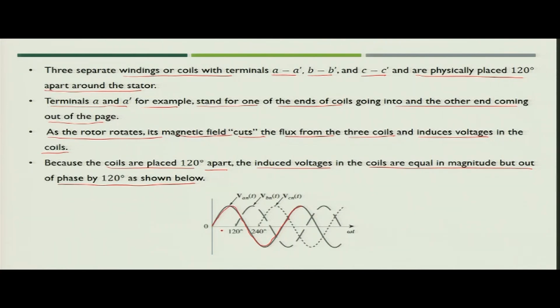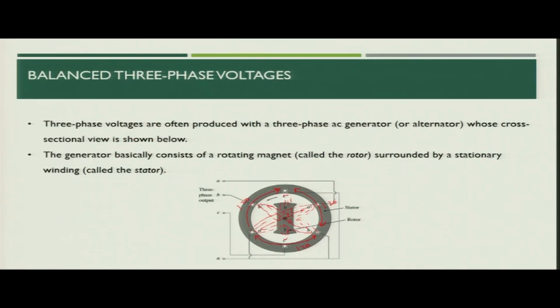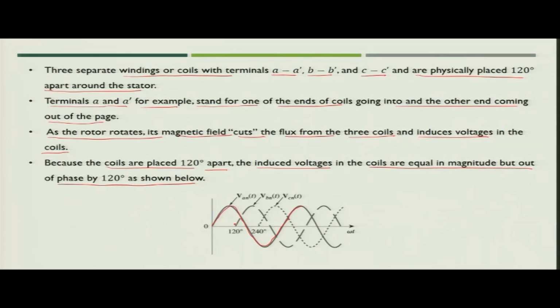When you see this figure, if you start from A and then move to B, that means after 120 degrees the voltage will start building up in the B coil. You will see now the voltage has started building up in the B coil.